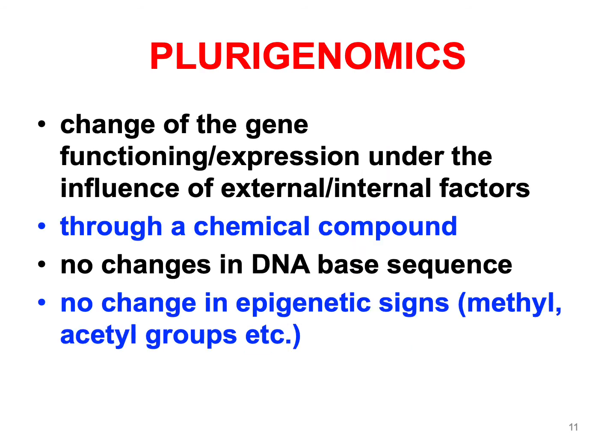And lastly, the example for the plurigenomics, which is a change of the gene functioning, the gene expression, under the influence of external, and now we can add internal factors through a chemical compound. This is the key, that there is a chemical compound, external or produced internally. No changes in DNA base sequences and no change in epigenetic signs described previously.